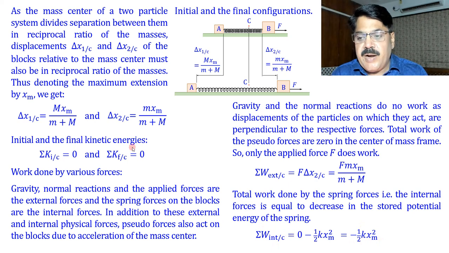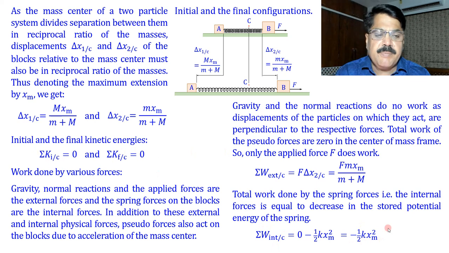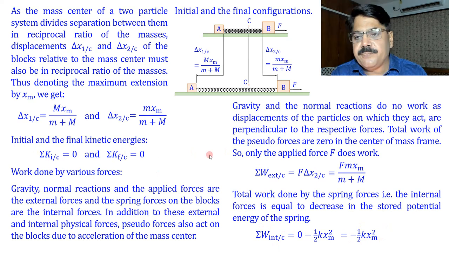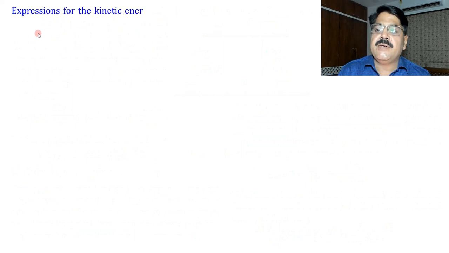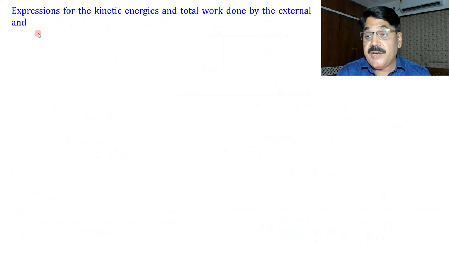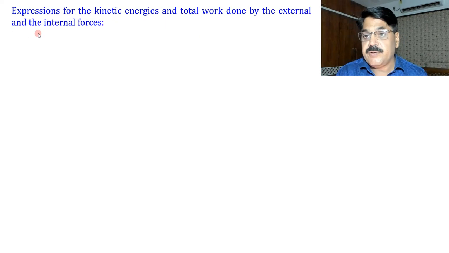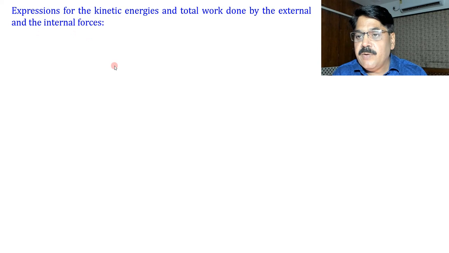Now we will write all the terms, this one, this one, this one, and that, and we substitute them in the work energy theorem. Expressions for the kinetic energies and total works done by the external and the internal forces, we are reproducing here. Summation Ki in the C frame, the total initial kinetic energy in the center of mass frame, is 0.